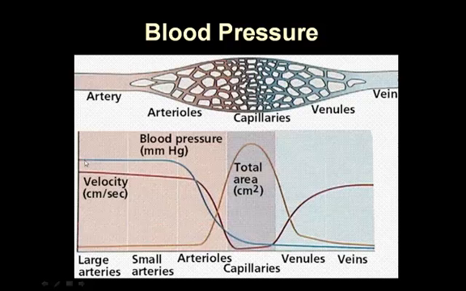You see the highest blood pressure coming immediately off the heart in the large arteries. This begins to drop off considerably as you move through the small arteries, arterioles, capillaries, and ultimately remains low through the venules and veins. Because again, remember, it's skeletal muscle that's necessary to contract and move the blood through the vein system, along with the valves to prevent backflow.